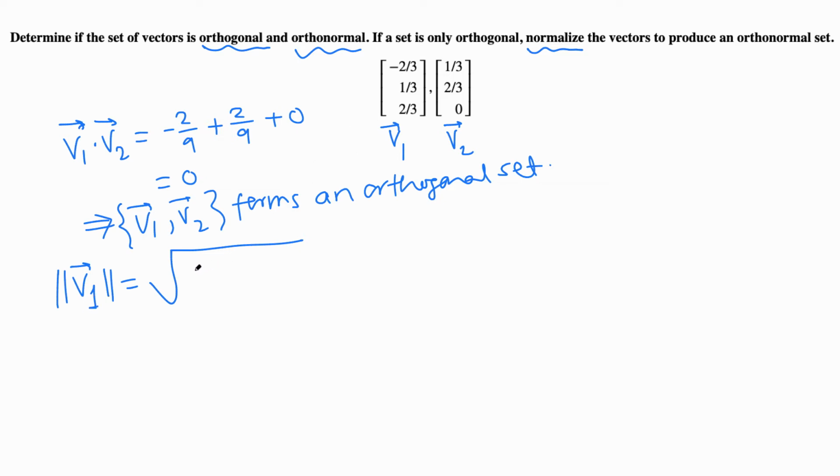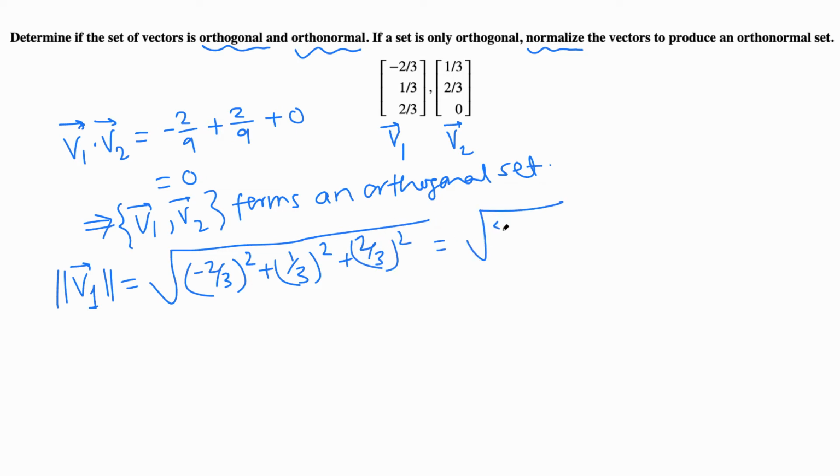Negative 2/3 is squared, 1/3 is squared, 2/3 is squared, which is 4/9 plus 1/9 plus 4/9. That is 9/9, which is 1. That means v1 indeed is a unit vector.